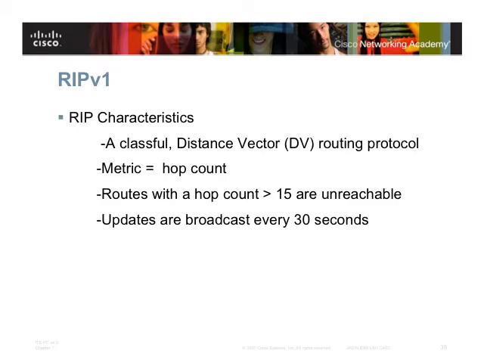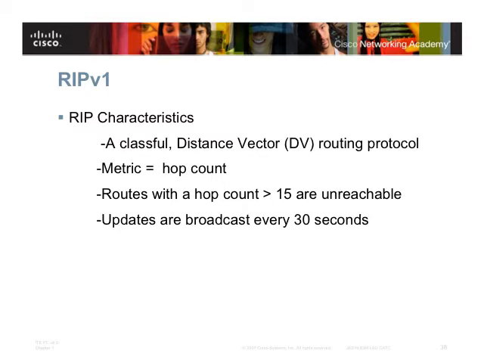So the main characteristics of RIP, continuing the features that we talked about before: it's a classful distance vector routing protocol. What does that mean? This is very important. We know what classful is, but what does it mean for a routing protocol to be classful? For a routing protocol to be classful, that doesn't mean that it totally ignores the subnet mask. It means, accurately, that the routing protocol does not use the subnet mask as part of the route updates.